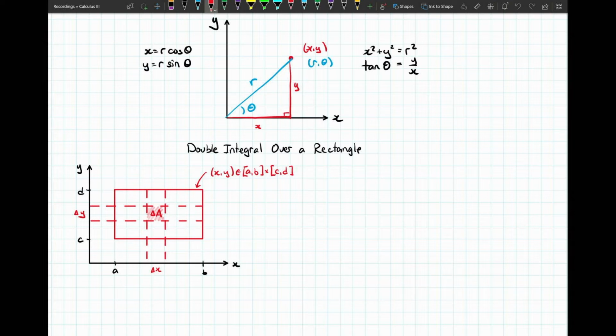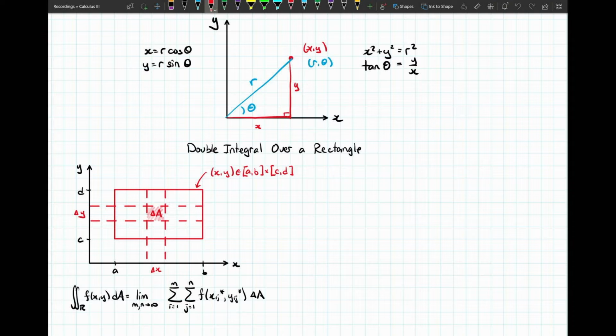And how we evaluated a double integral over this rectangle, let's call it R, is by dividing each of those intervals up into smaller subintervals. Let's divide the x interval up into m subintervals, and let's divide the y interval up into n subintervals. That gives us little subrectangles. And we evaluated the volume under a surface over this rectangle with a Riemann sum.